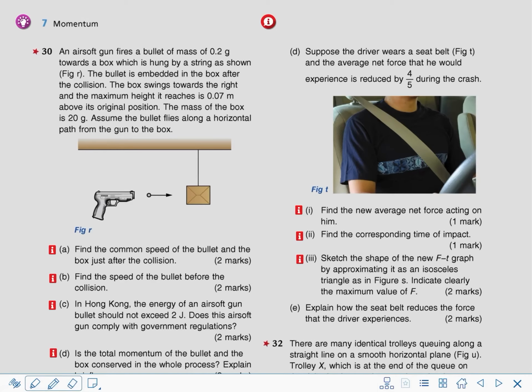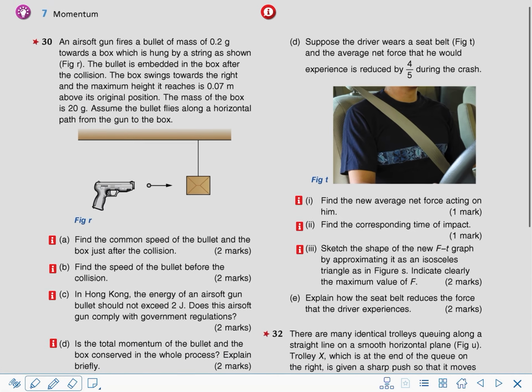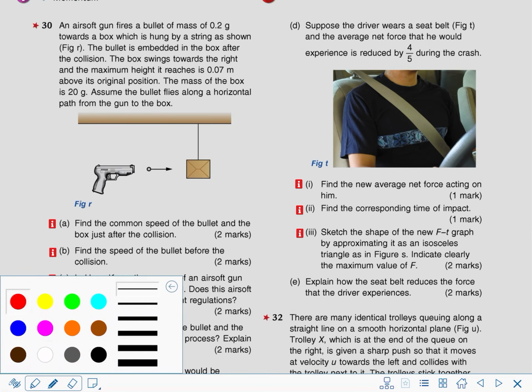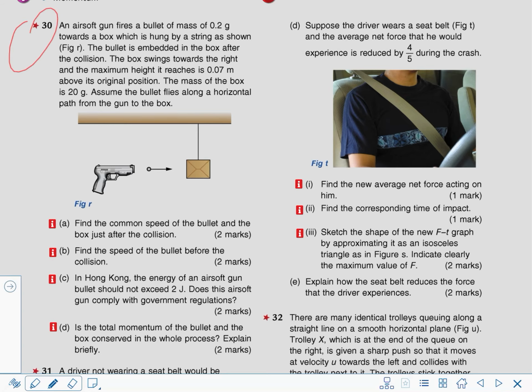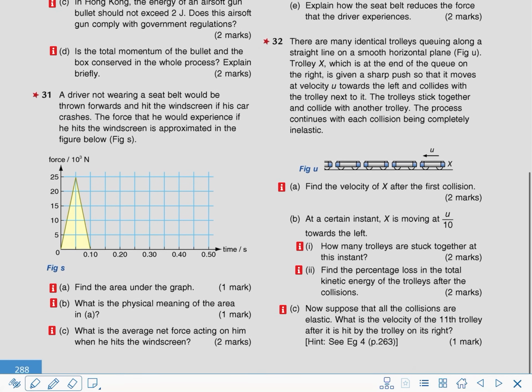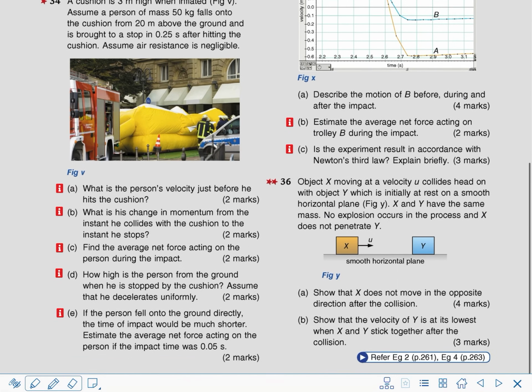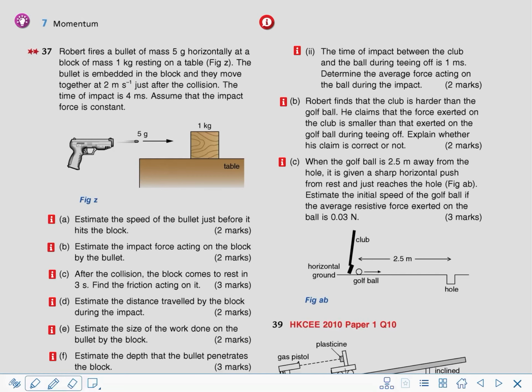Tell me if you have any problem. And question 30 is a very good, typical question. We may find this from the past paper, DSE type question, 30. And also 37, a must-try question.